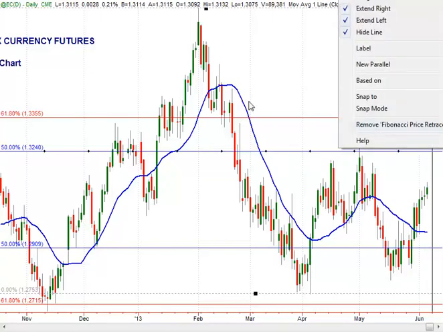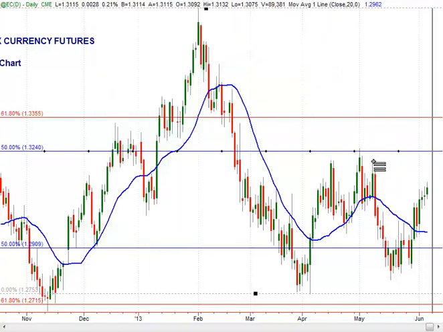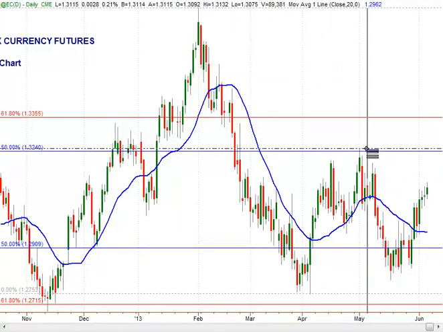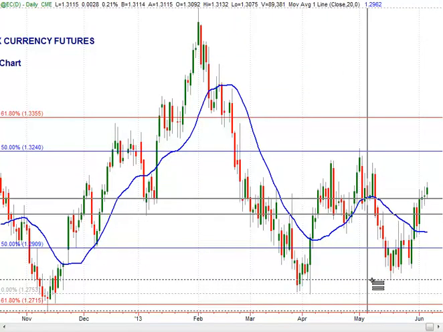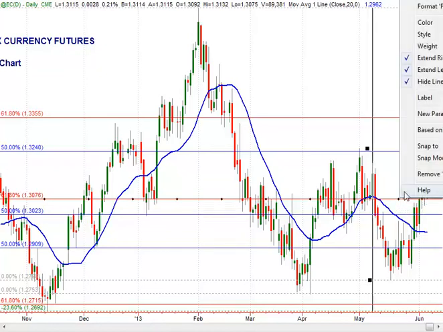So what we witnessed on Monday this week was this violation higher of the 130.80 level, and as I said, if that would happen, I would actually exit my shorts.